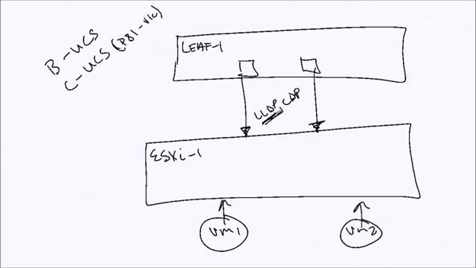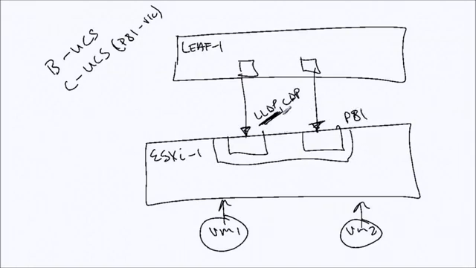They will not actually pass LLDP past the adapter themselves. So if these guys are riding on a P81 VIC card, LLDP will run down to the host, but they won't pass those LLDP frames down towards the actual virtualized systems. And we need that to happen. We need some form of communication down there to have visibility down at the virtual machine level.